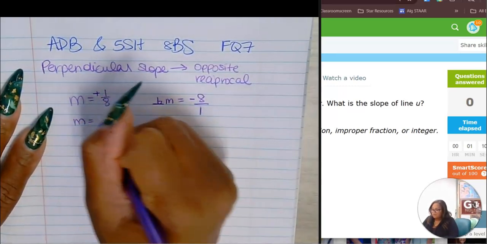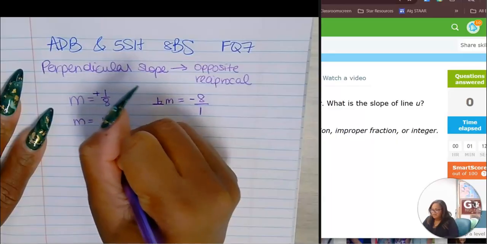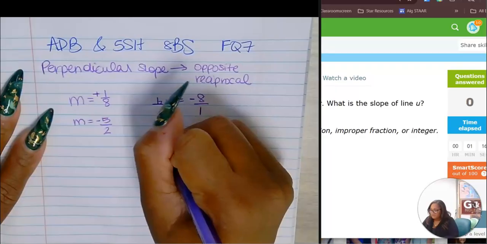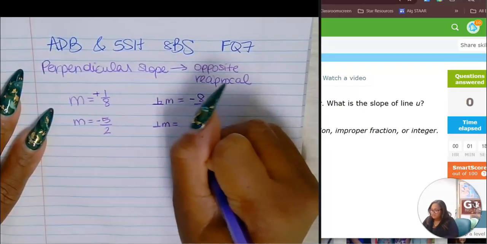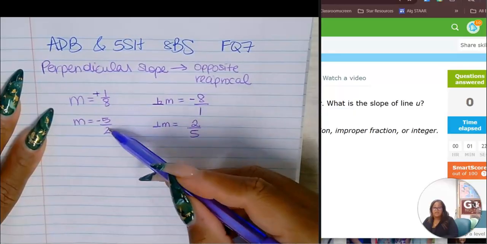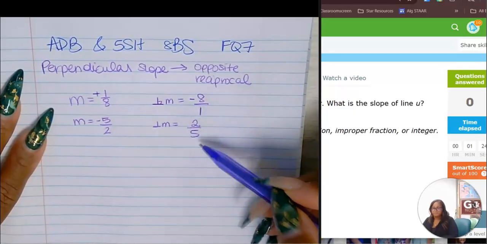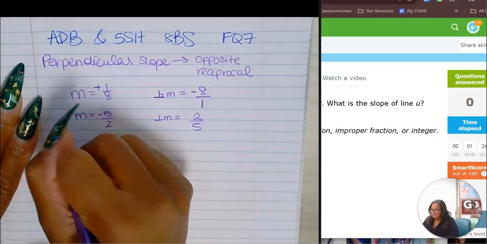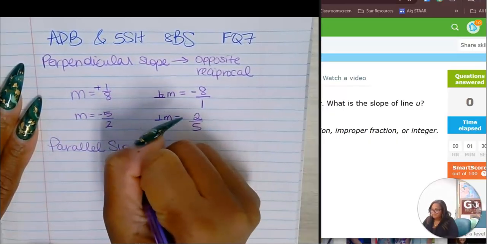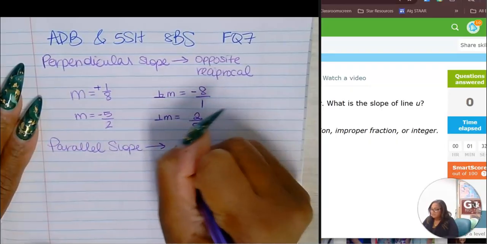So another one would be 5/2. We'll call this -5/2. The perpendicular slope is positive 2/5. I changed the sign and then I flipped it. A parallel slope, they're just equal slopes.